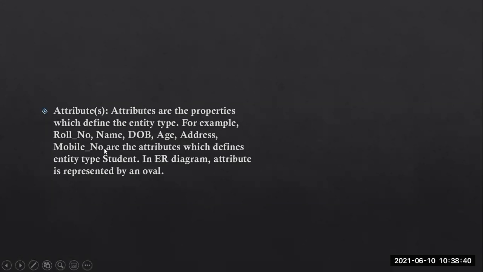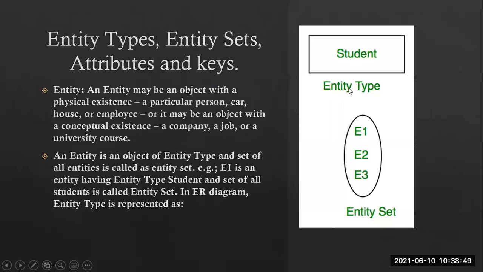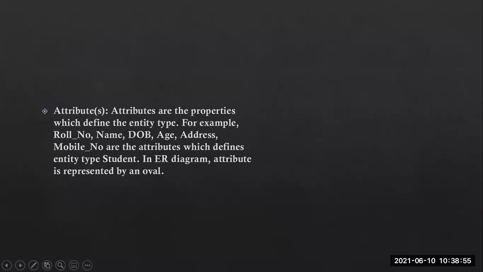For example, roll number, name, DOB, age, address, mobile number are the attributes which define entity type student. So this entity type, roll number, name, date of birth, address, mobile phone number, those will define as attributes of the entity type student here.